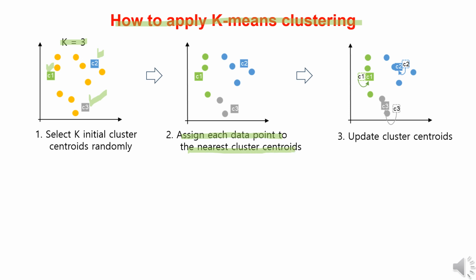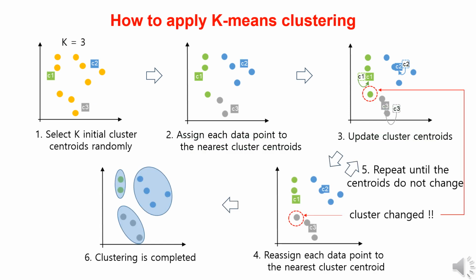This process forms 3 clusters, which we can label as green, gray, and blue. After that, we recalculate the centers of these clusters based on the data points that have been assigned to them. This step involves updating the positions of C1, C2, and C3 to new locations.